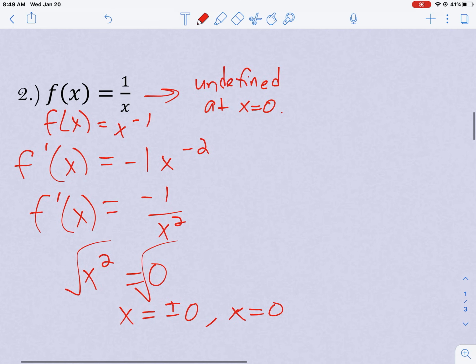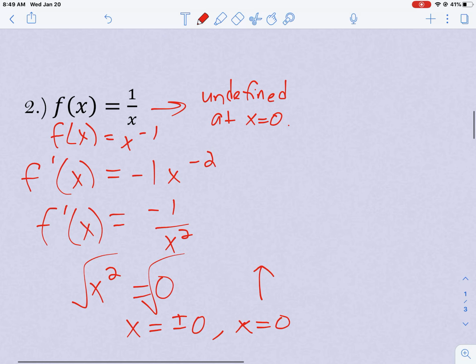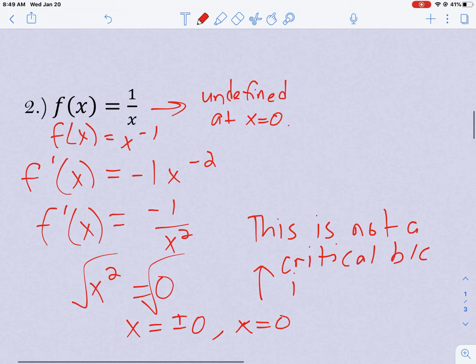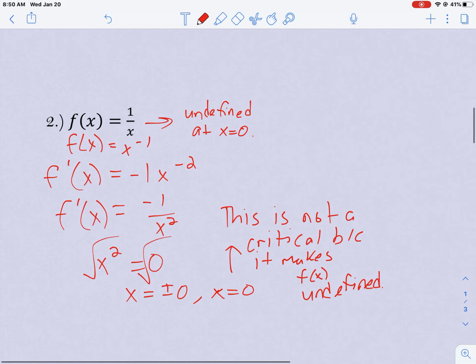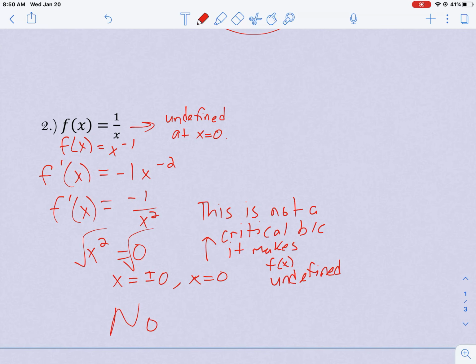But again, this is not a critical number, because it makes f of x undefined. So your answer would be no critical numbers.